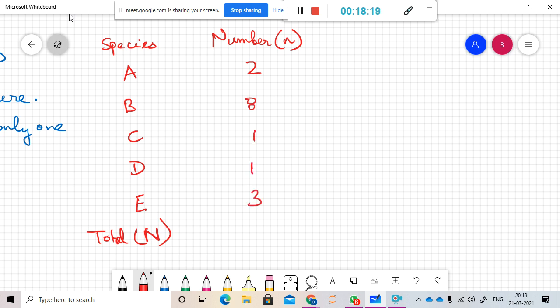So 2 individuals of A species were seen, 8 of B species were seen, 1 of C were seen, and so on. And the total capital N is 15. If you add all these things, it is 15.